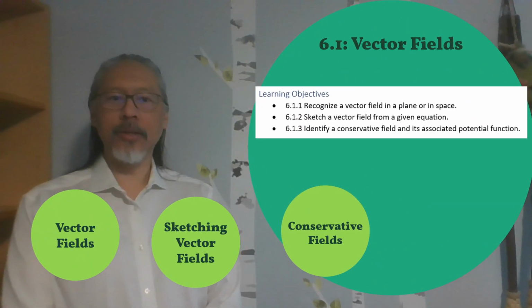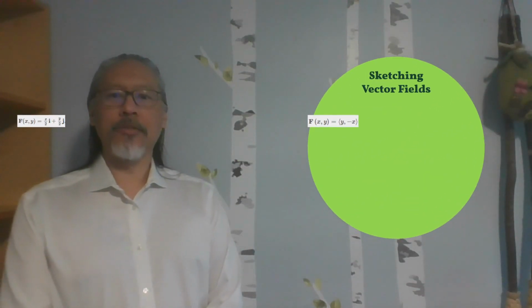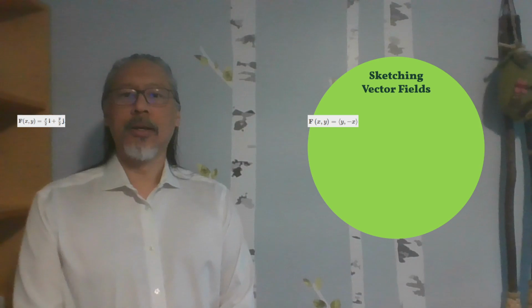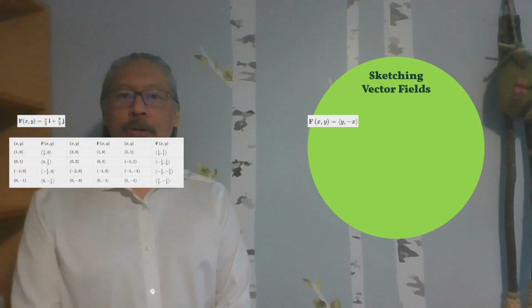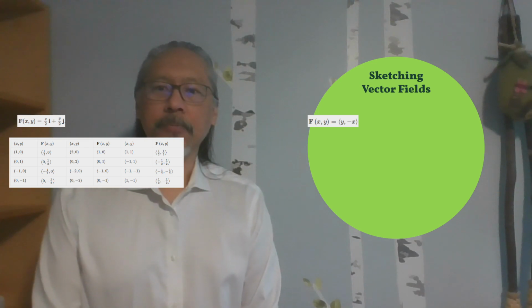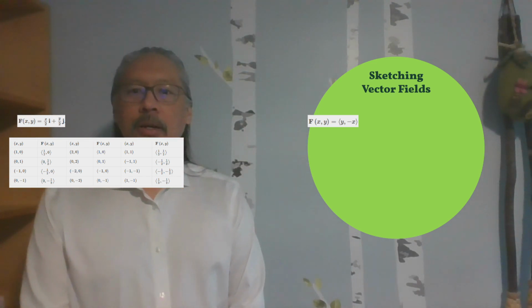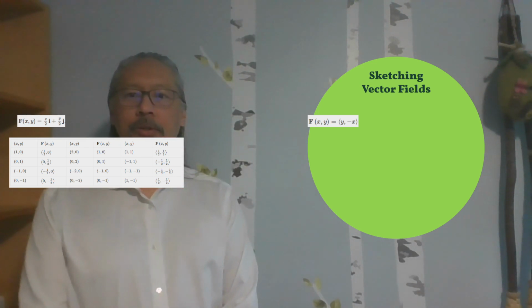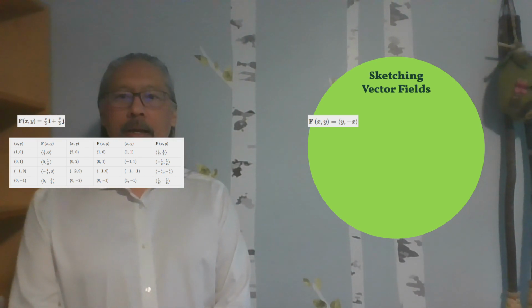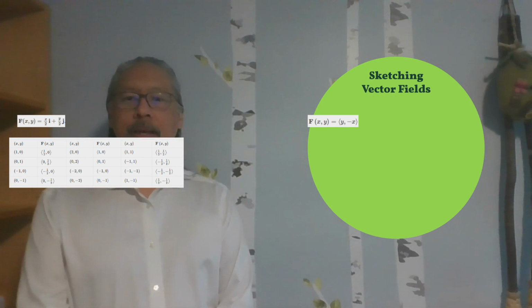So how are we going to study vector fields? We could look at vector fields as an input-output relationship. One example would be the vector field with input x, y and output negative x over 2, negative y over 2, and we can make a table out of that.